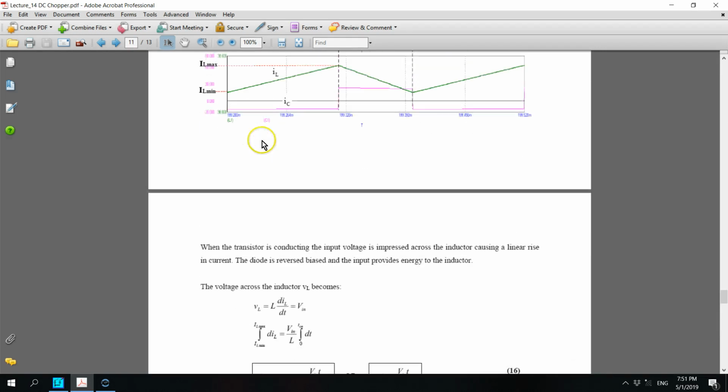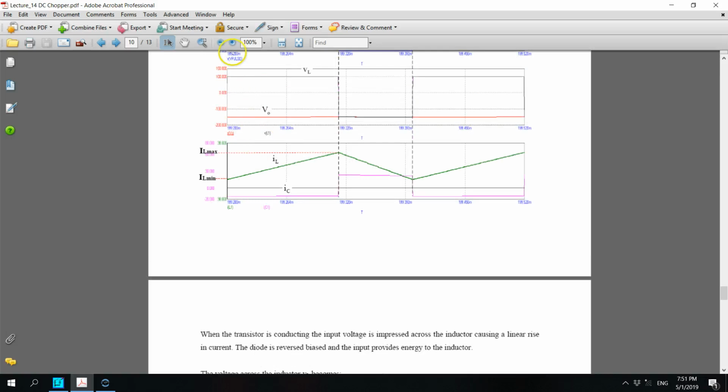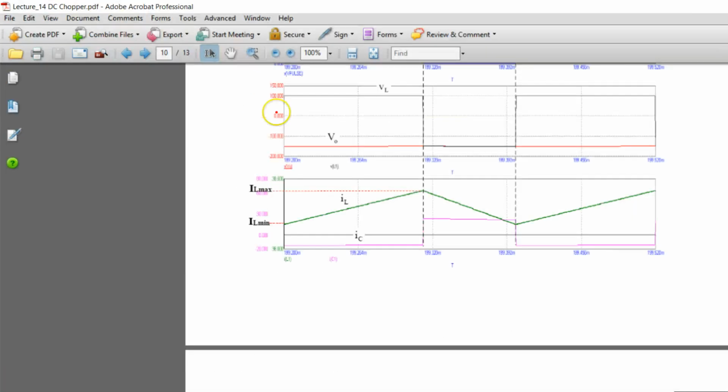Can I go back to the waveform? So at the boundary, I cannot draw, I can draw this.